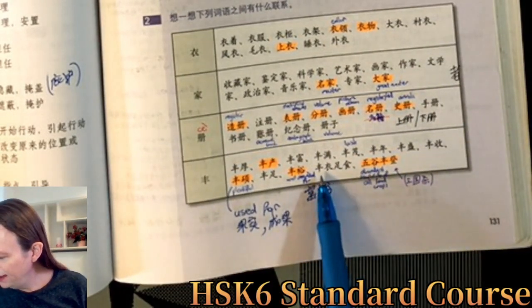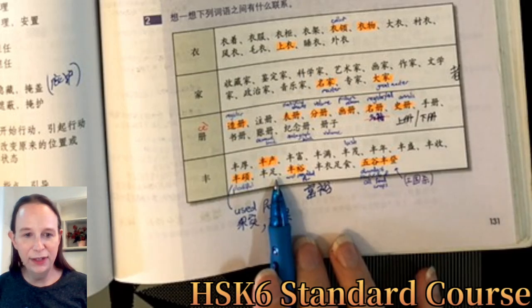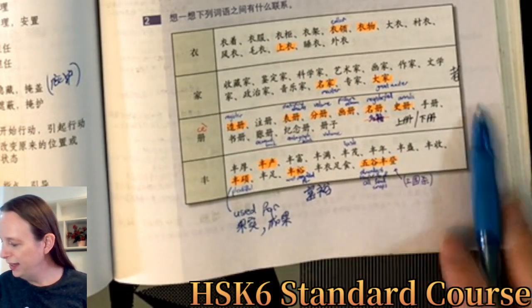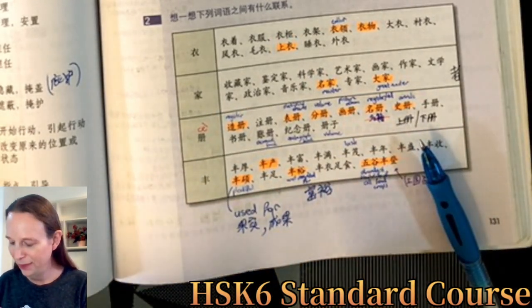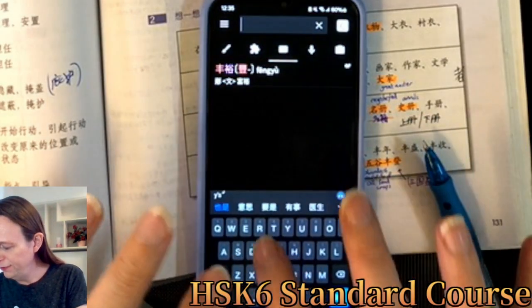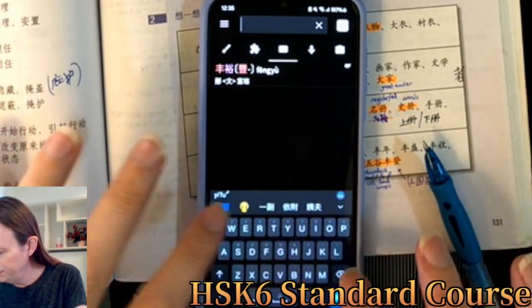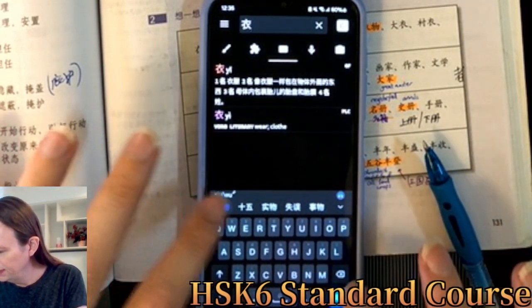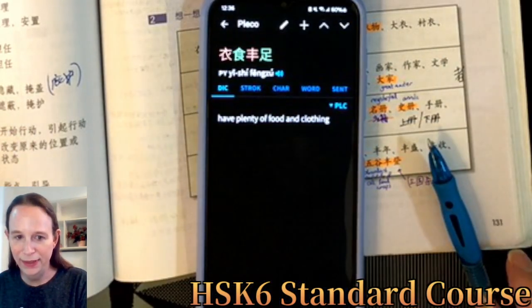All right. 丰衣足食. Yeah, we just saw 衣食丰足, right? So it's the same characters in a different order here. 衣服食物丰足. 衣食丰足. We saw this one.